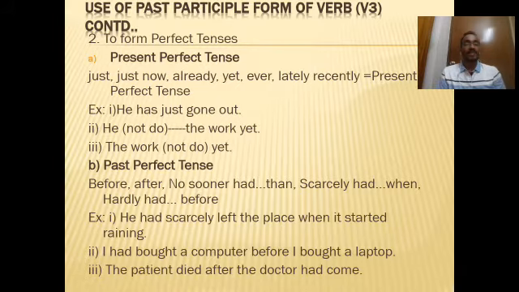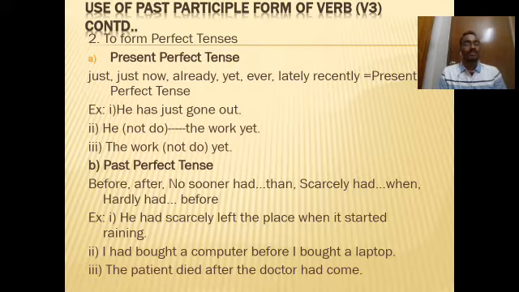Similarly for after, we use past perfect tense, and before after we use past indefinite tense. And with no sooner had, we use past perfect tense, and after that we use past indefinite tense. These are the rules, I think you know it. So let's go through some examples.